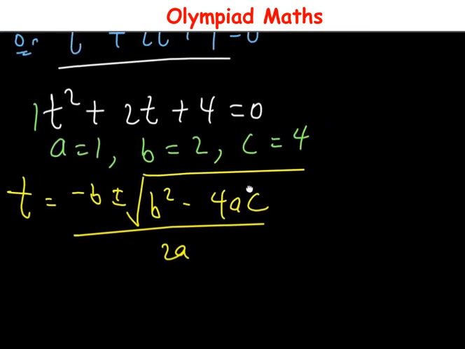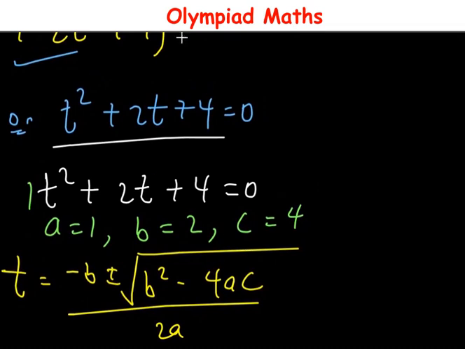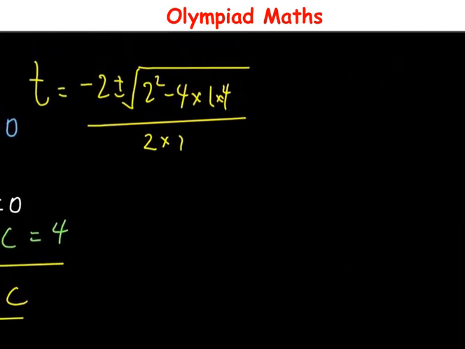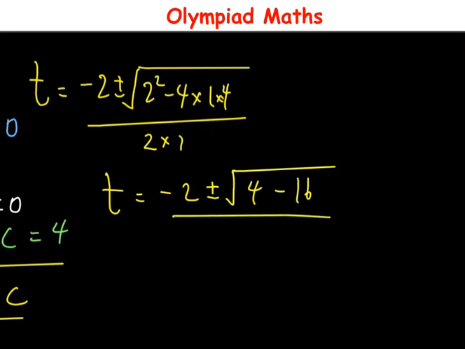So therefore, expanding this, the value of t is equal to minus b, b is 2, so minus 2 plus or minus square root of b squared, b is 2, so 2 squared minus 4 times a, which is 1, times c, which is 4, all over 2 times a, which is 1. With this, the value of t is equal to minus 2 plus or minus square root of 2 squared, which is 4, minus 4 times 1 times 4, which is 16, all over 2 times 1, which is 2.